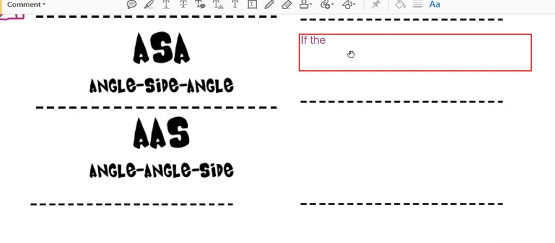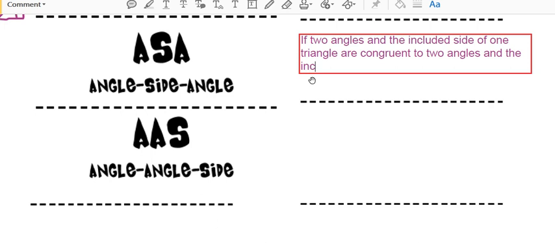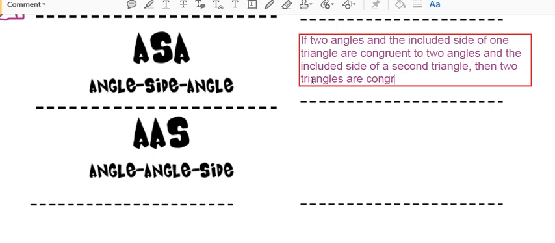All right, so now we are on to angle side angle. So the definition of angle side angle says if two angles, so that's why you have ASA, angle side angle, because you got two angles, and the included side of one triangle are congruent to two angles and the included side of a second triangle, then the two triangles are congruent.